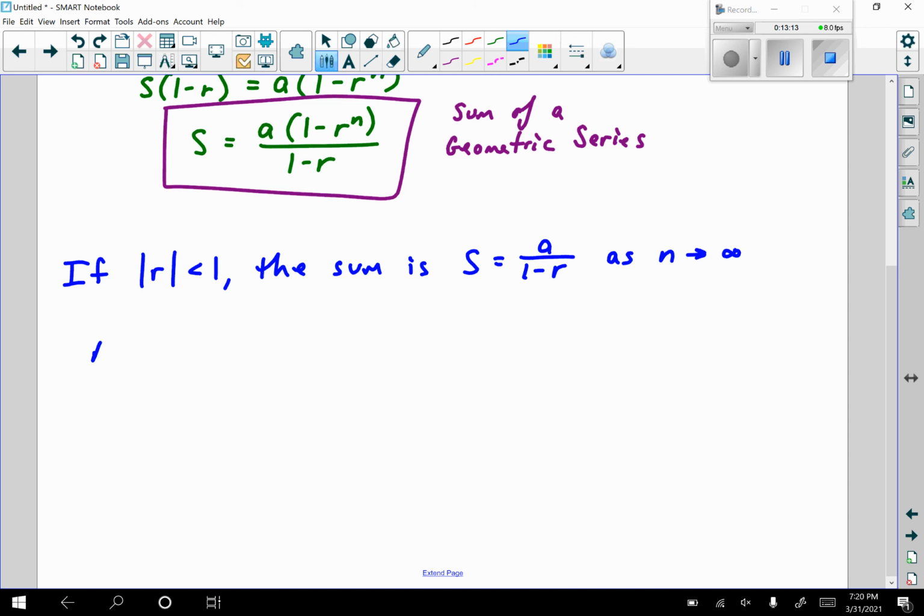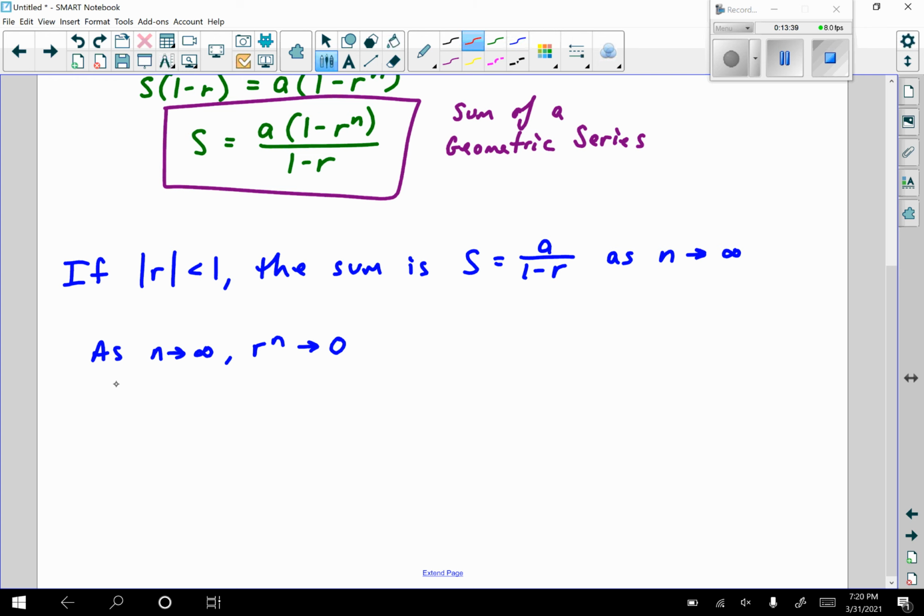Because as n increases without bound, r to the n heads towards 0, because remember r is less than 1, so r is a fraction. So if we look up here and we see a fraction that's raised to a power that keeps increasing, then this whole part is going to turn to 0, and then we're just left with a times 1 up here, so that's where we get a over 1 minus r.